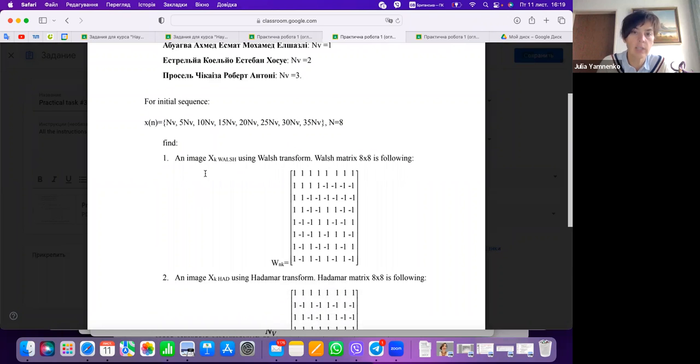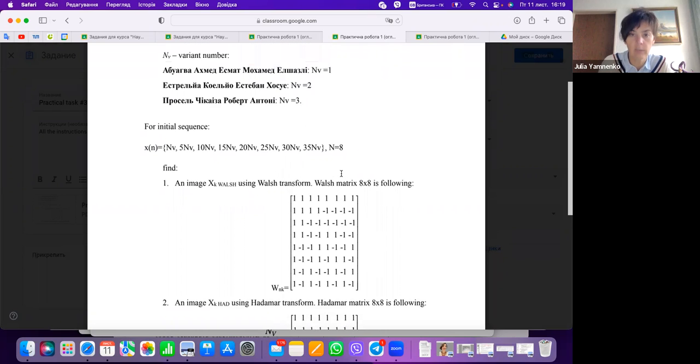So your task is to find an image xk with a lower index Walsh for the Walsh transform. So you have to use the Walsh transform, and in order to do this, you have to use a matrix with a dimension 8 by 8, because you have an initial function that consists of 8 values.